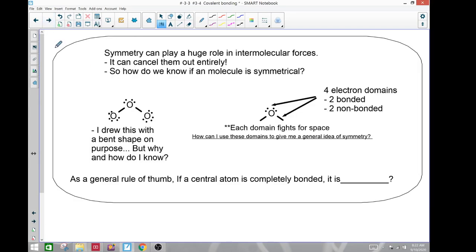All right, so symmetry. I'm just going to briefly talk about symmetry and then this video is over with. Because symmetry can cause you to have a dipole moment of 0, symmetry is really important here. Okay. Here's kind of the general rule of thumb. Every single central atom determines your symmetry.